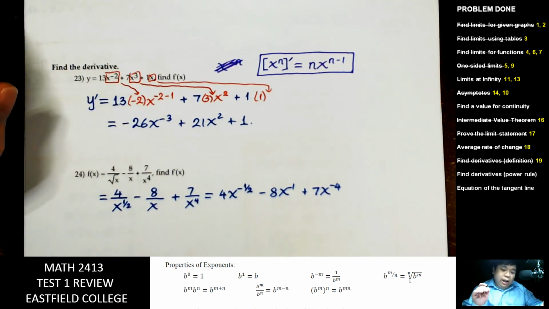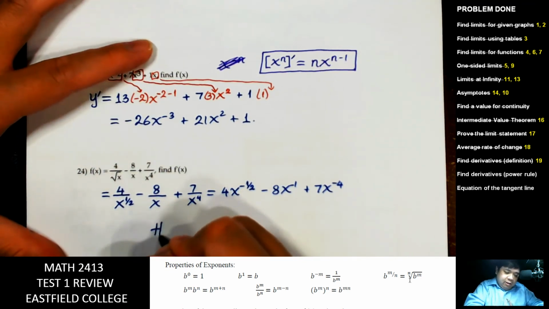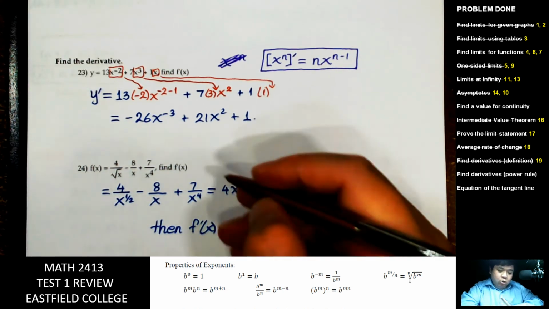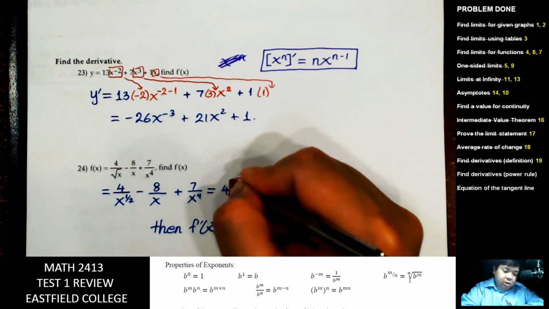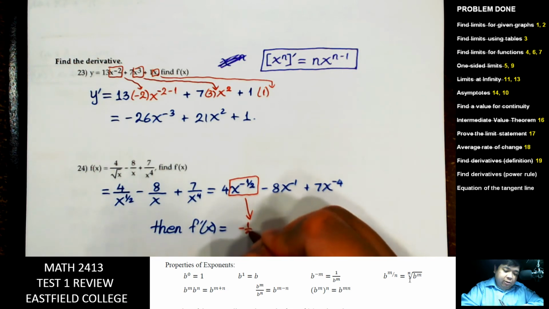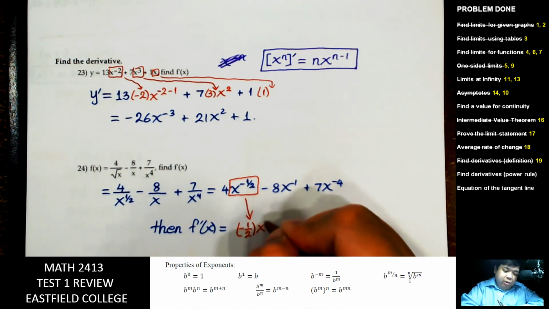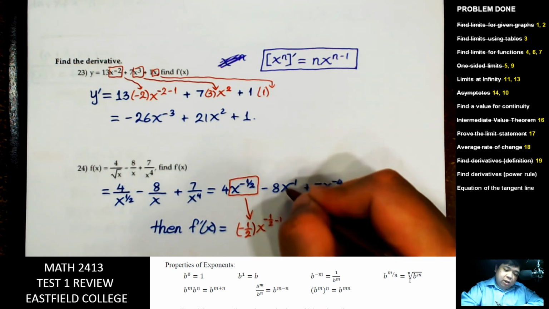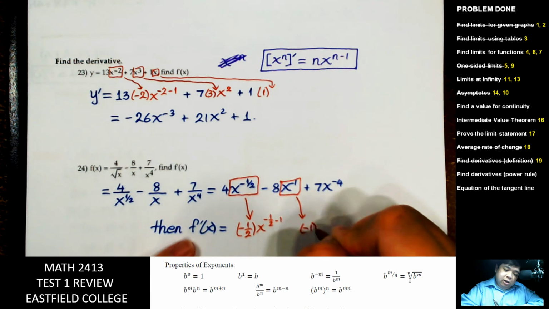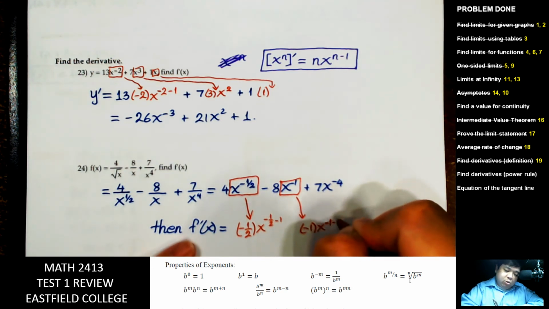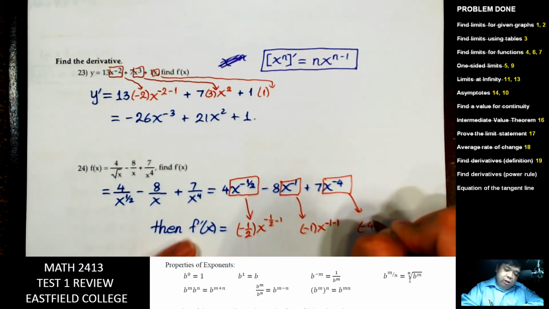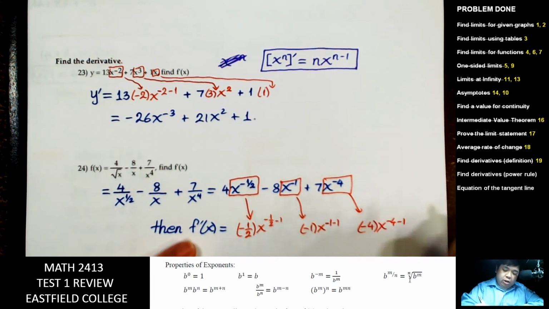Right. Now we take derivative. I'll just do derivative of each individual term here. Derivative of that is negative 1/2 x to the negative 1/2 minus 1. Derivative of this is negative 1 x to the negative 1 minus 1, and that negative 4 x to the negative 4 minus 1.